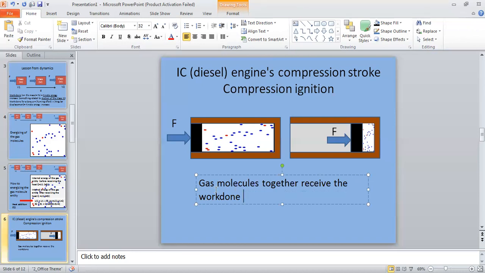So gas molecules together receive the work done, but this is a work transfer because it's applied on the piston. Through the piston, the work transfers to the gas entity.